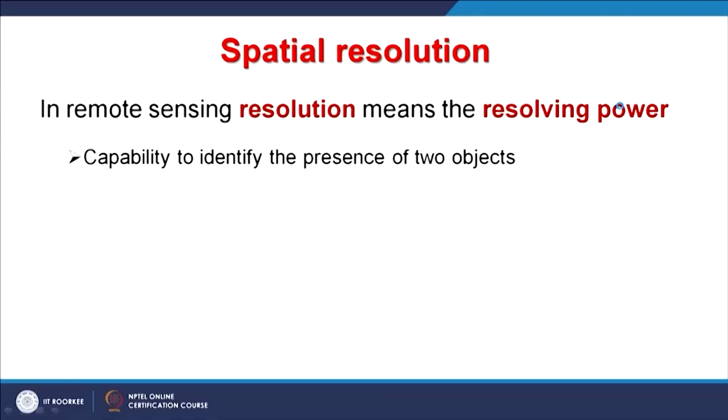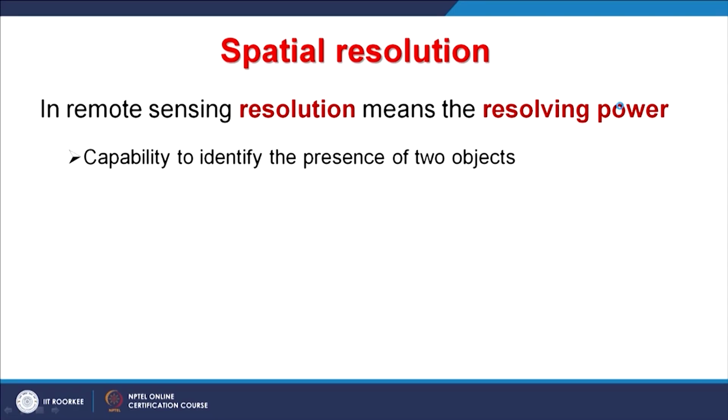In remote sensing, resolution means the resolving power, how closely the pixels can be resolved. Here, in the case of a DEM, which is again a raster, a grid form, it is how closely the cells can be resolved. This resolving power improves our capability to identify the presence of two adjacent objects very clearly.